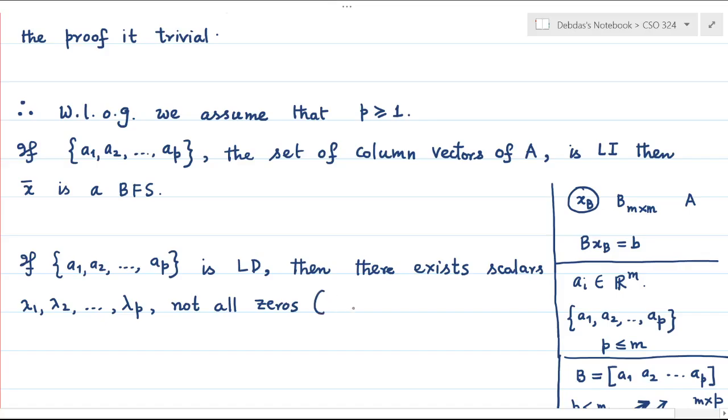So here we let lambda r is not equal to 0, such that lambda 1 a1 plus lambda 2 a2 plus till lambda p ap is equal to 0. The definition of linear dependence. Fine.